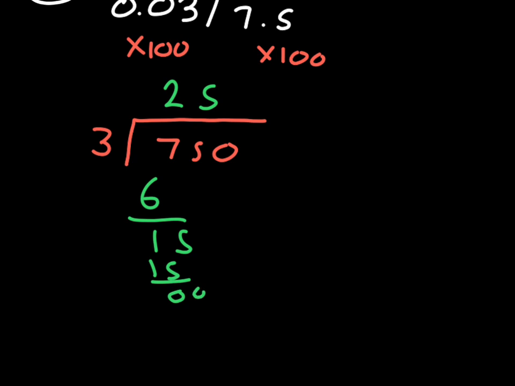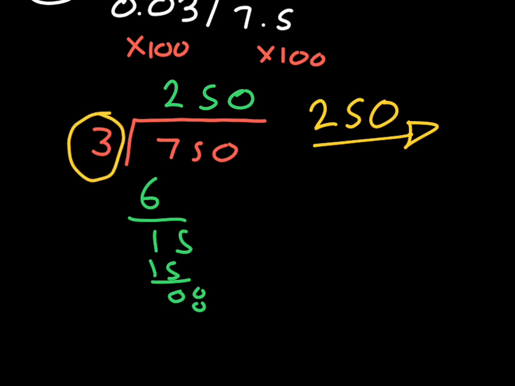Carry the 0 down. 3 goes into 0 0 times. 0 times 3 gives us 0. 0 minus 0 will just give us 0. And we are therefore done. So our final answer for question number 10 was 250.